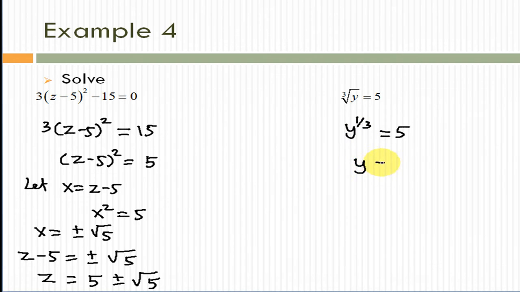So y is equal to 5 cubed. Therefore y is equal to 5 times 5 times 5, which is 125. So 125 is the only solution of this equation.